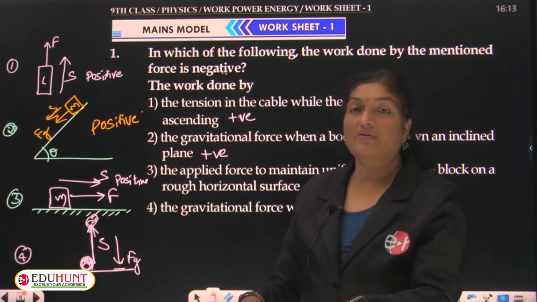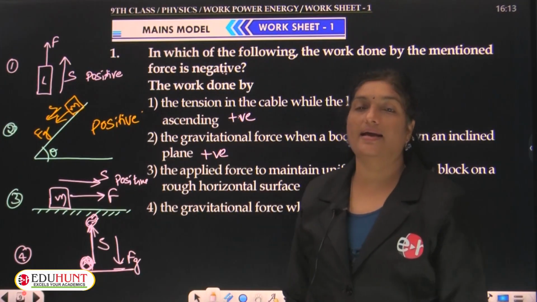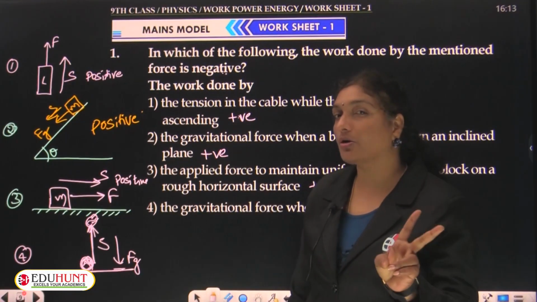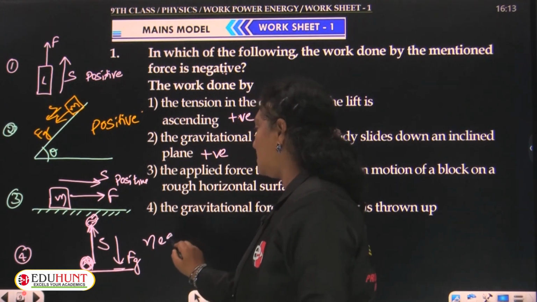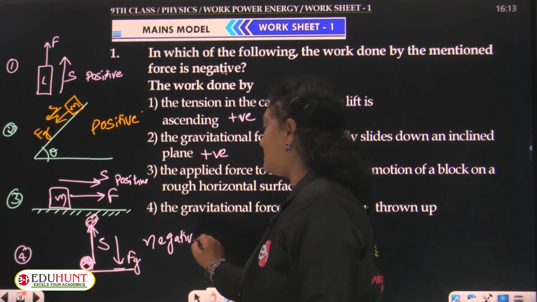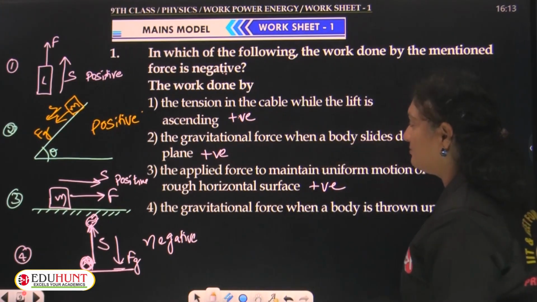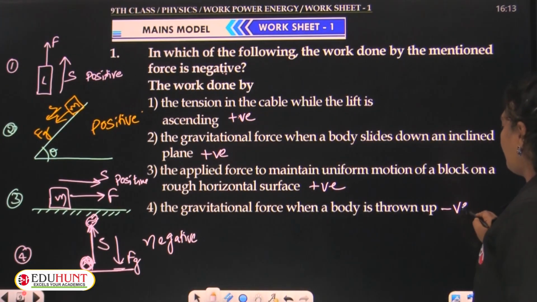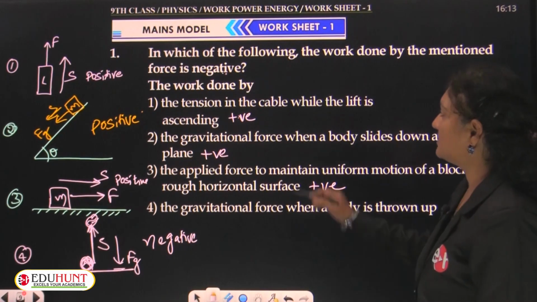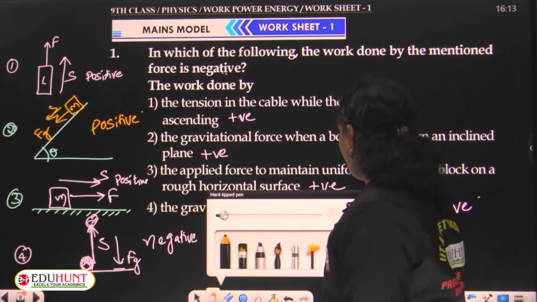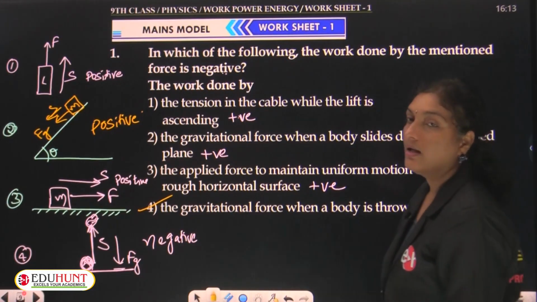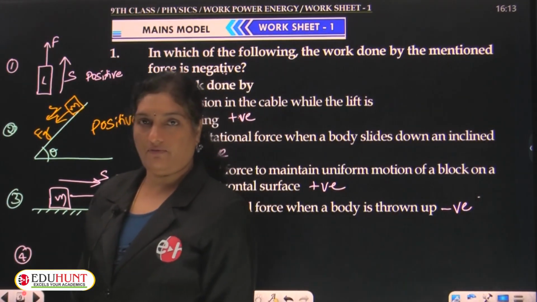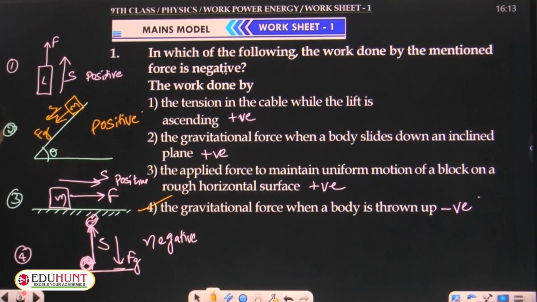The direction of gravitational force and the direction of motion of the body are opposite to each other. When both are opposite, the work done is taken as negative. So only one option is true, the fourth option: the work done by the gravitational force when a body is thrown up is negative.